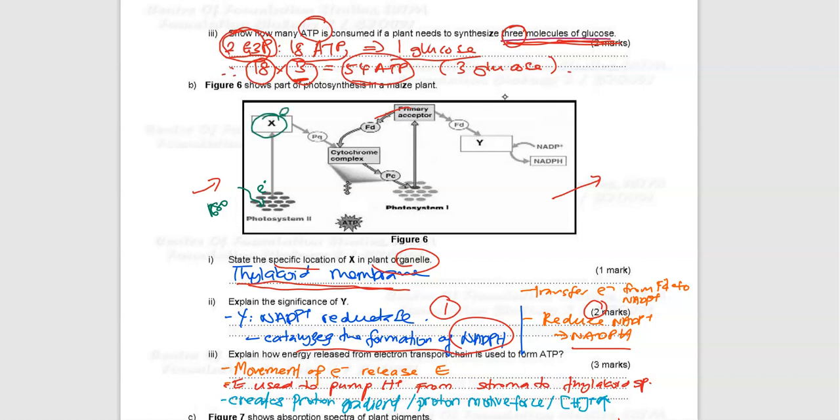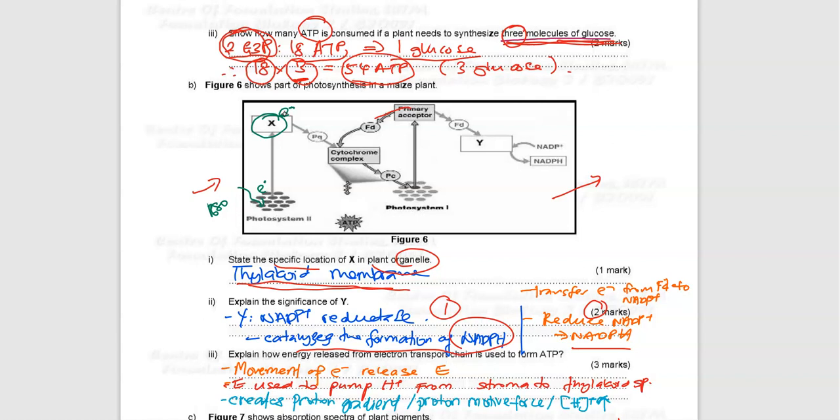So the electron received by the primary electron acceptor will have high energy as the result of absorbing photons. The photon will excite the P680 and release the excited electrons.